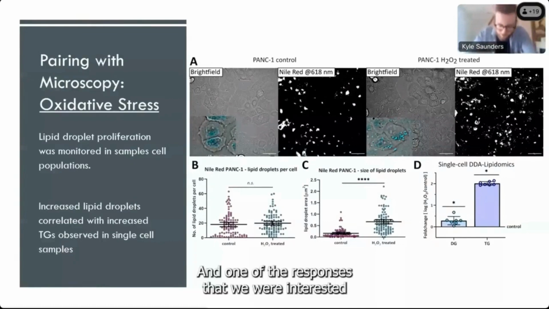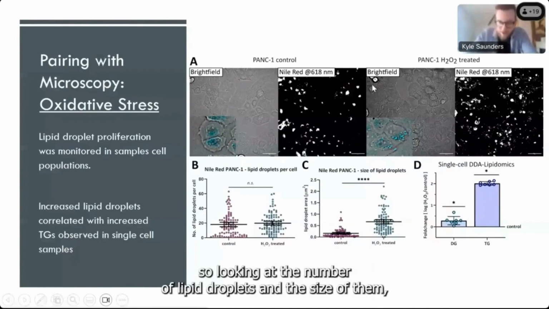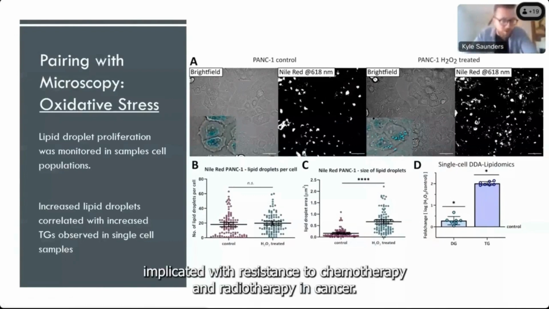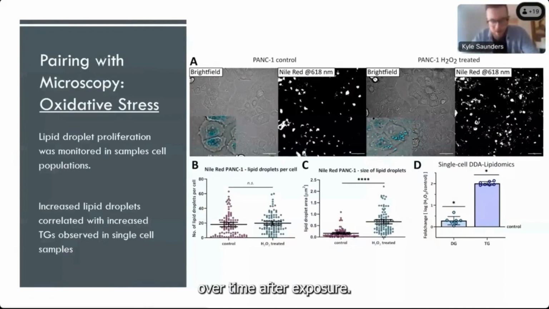And one of the responses that we were interested in looking at was monitoring lipid droplets. So looking at the number of lipid droplets and the size of them, because these are very strongly implicated with resistance to chemotherapy and radiotherapy in cancer. So we were quite interested to see how these progressed over time after exposure.